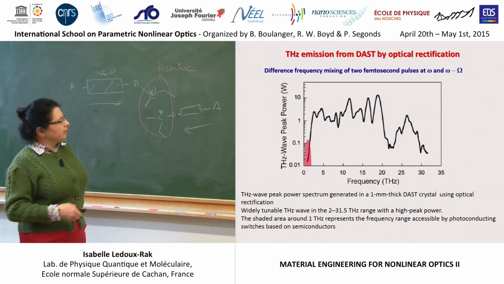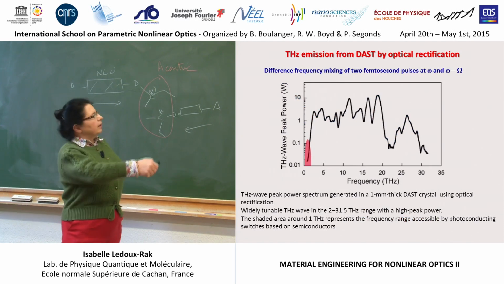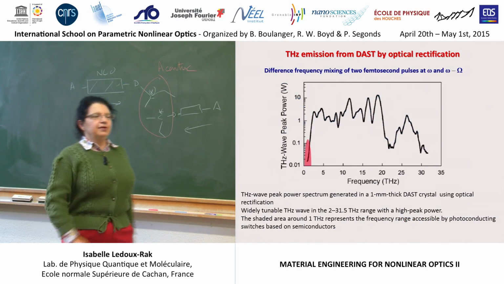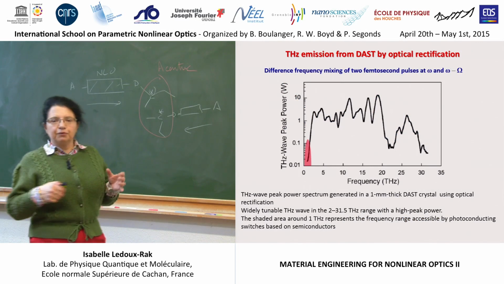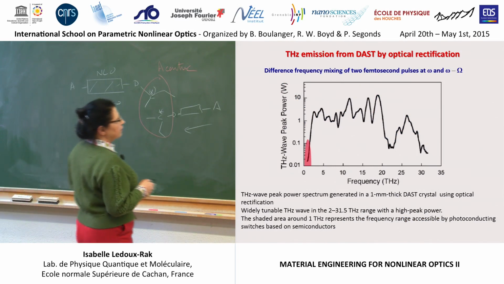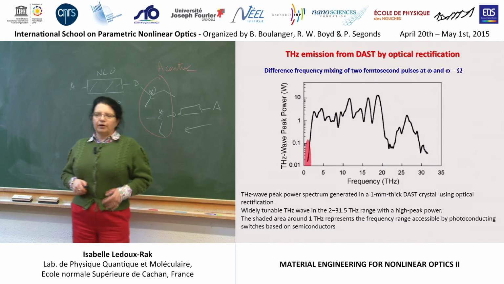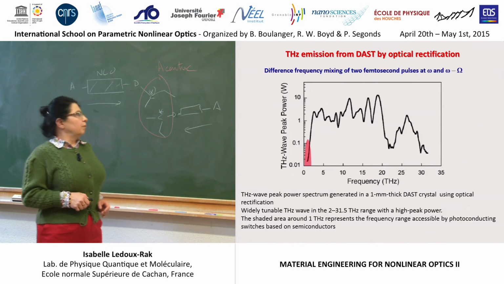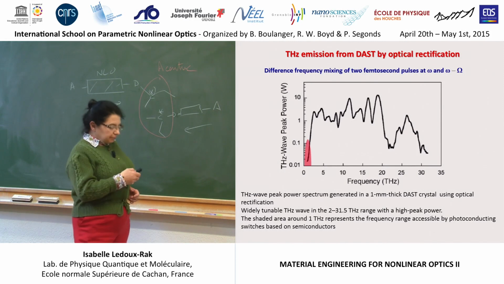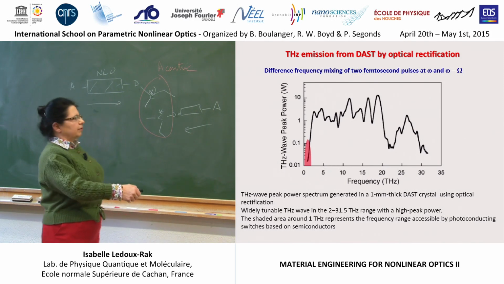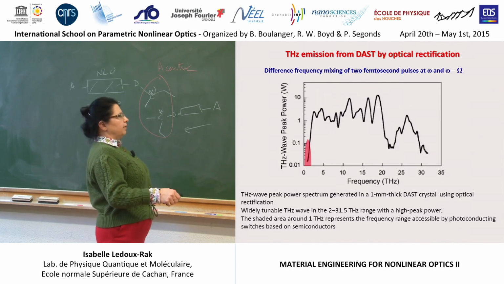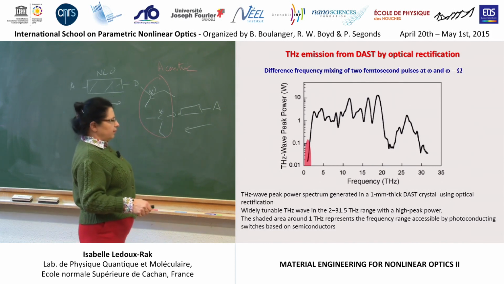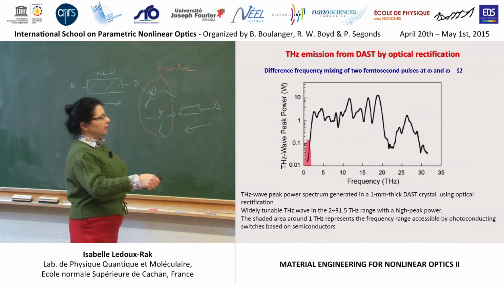One application is in the domain of optical rectification. You have seen this difference frequency mixing between two waves of very close frequencies, and the result is a terahertz wave. The problem for most materials is that you need a relatively wide band, and here this is the widest terahertz range which has been available.